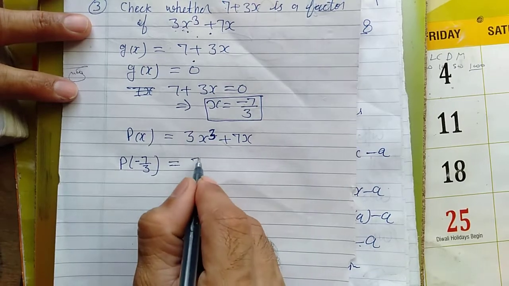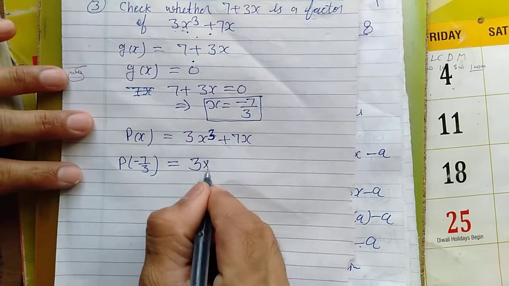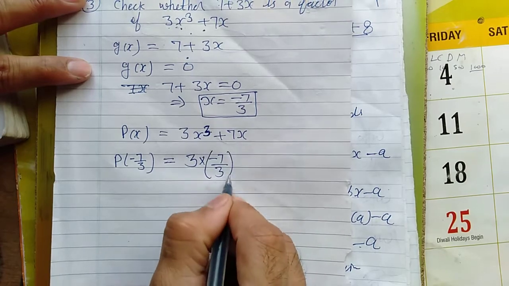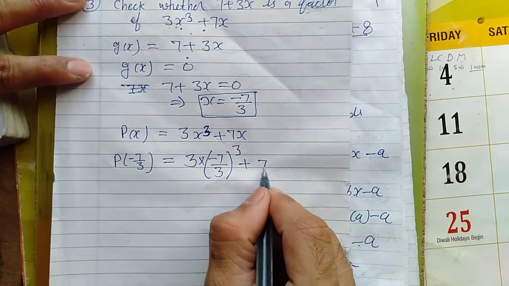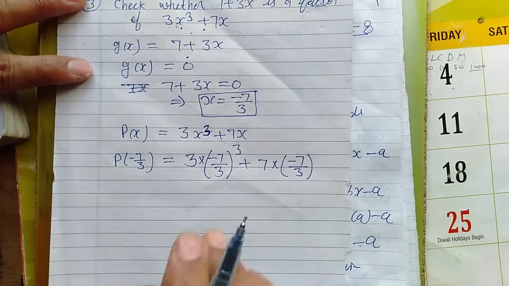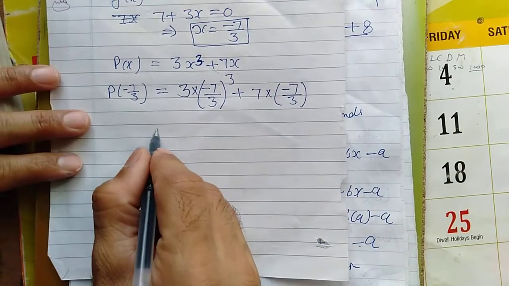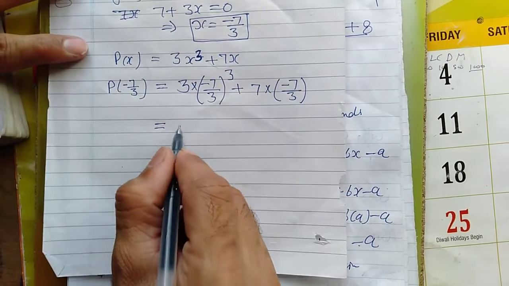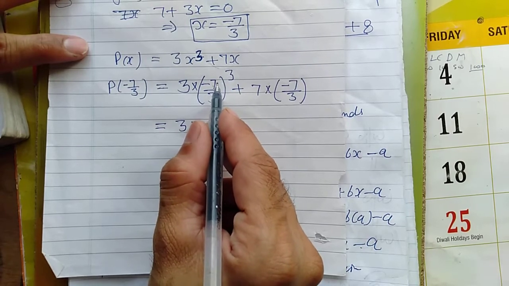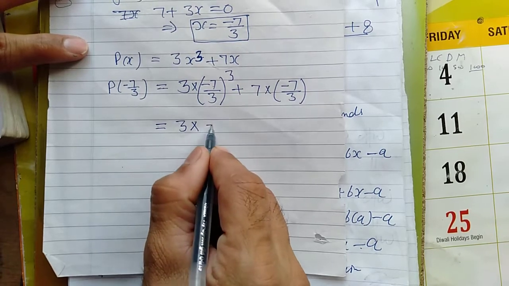So this will be equal to 3 multiplied by minus 7 upon 3 whole cube, plus 7 multiplied by minus 7 upon 3, right? Let's see the next step. 7 multiplied by 7 multiplied by 7: 7 7s are 49 and 49 7s are 343.